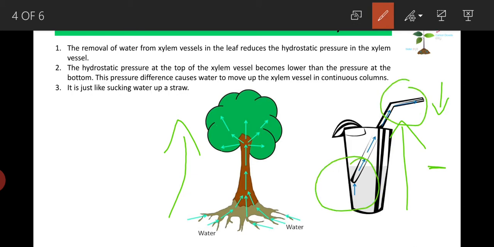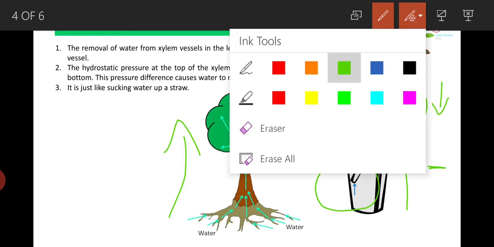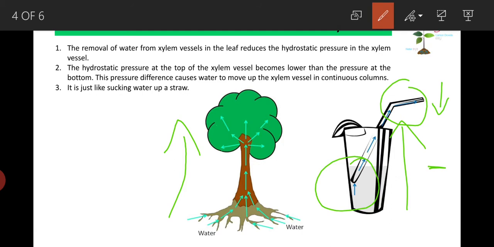And the same thing happens in the xylem vessel. In the xylem vessel, as in a straw, there is a difference in pressure between the top of the leaf and the bottom of the plant. The removal of water from the xylem vessel in the leaf reduces the hydrostatic pressure in the xylem vessel, and the hydrostatic pressure at the top of the xylem vessels becomes lower than the pressure at the bottom.